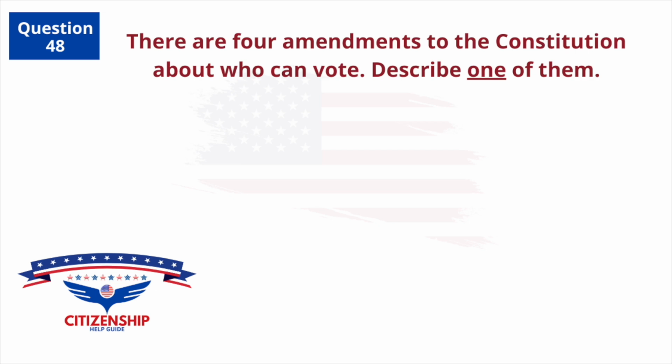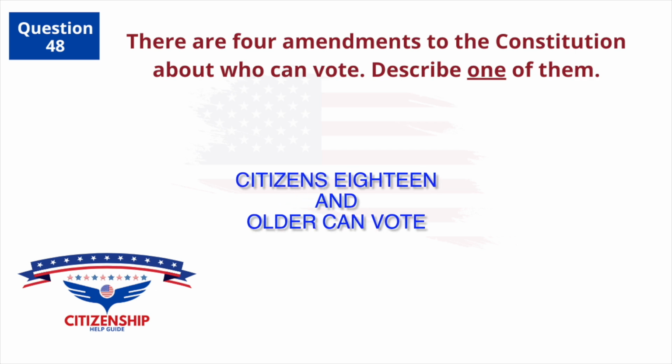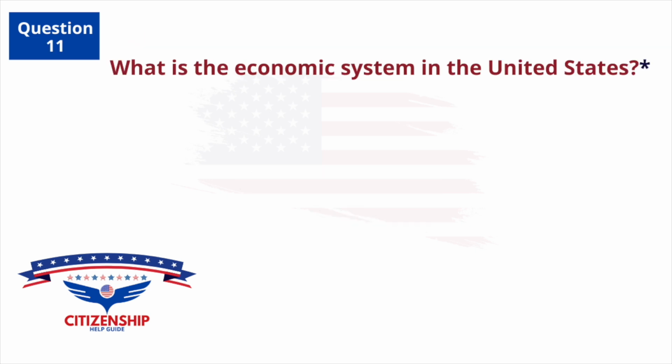There are 4 amendments to the Constitution about who can vote. Describe one of them. Citizens 18 and older can vote. What is the economic system in the United States?